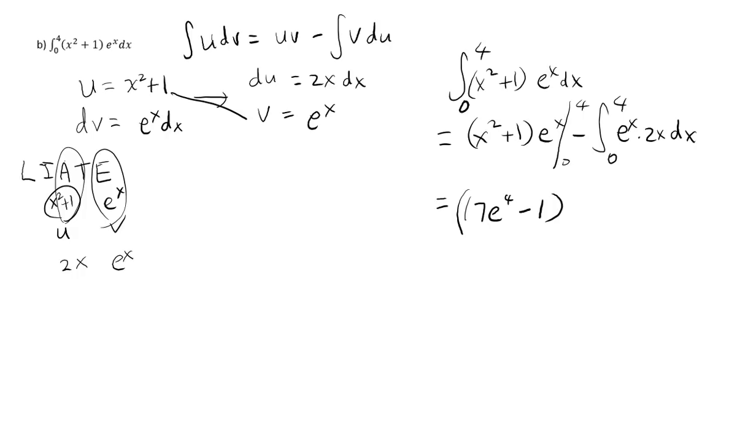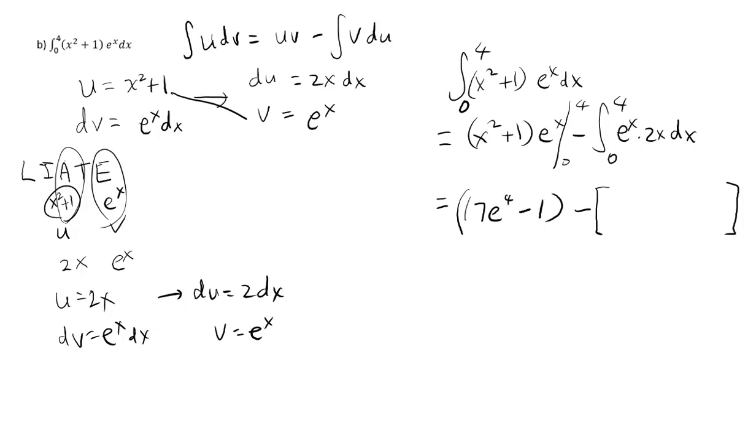And then this here, you still have to do integration by parts with u being 2x and dv being e to the x dx, which makes du equal to 2 dx and v equal to e to the x. So you need to now apply the formula on the right again, which is uv minus integral of v du.